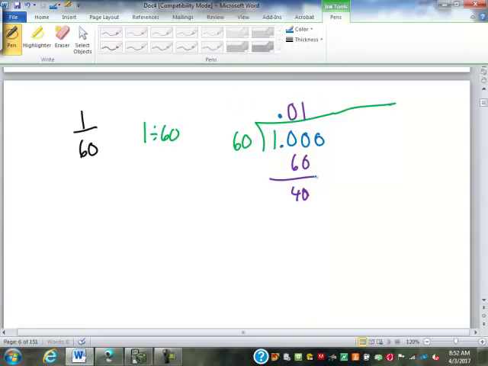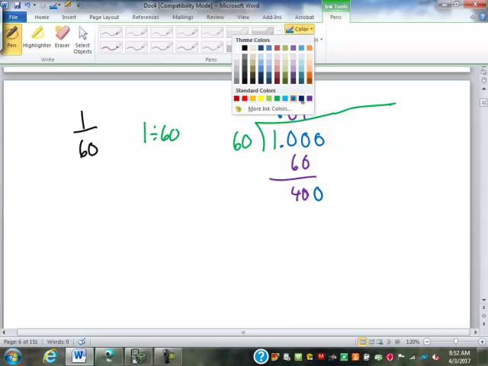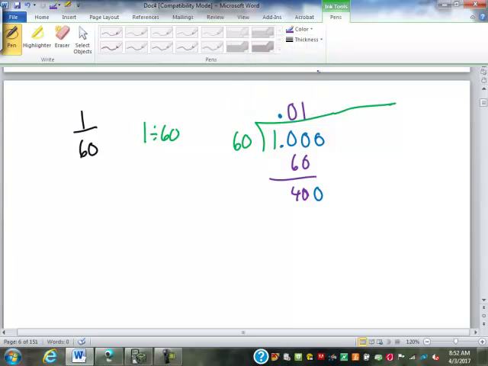We'll add another 0 and bring it down. 60 into 400. 5 would be, oh, let's try it. Let's do 5. 5 times 60 is 300. We subtract, we've got 100 left. Well, that's bigger than 60, which tells us we could have taken it out more. So we'll go up to 6. 6 times 60 is 360. That's 40 left. Add another 0. Bring it down.